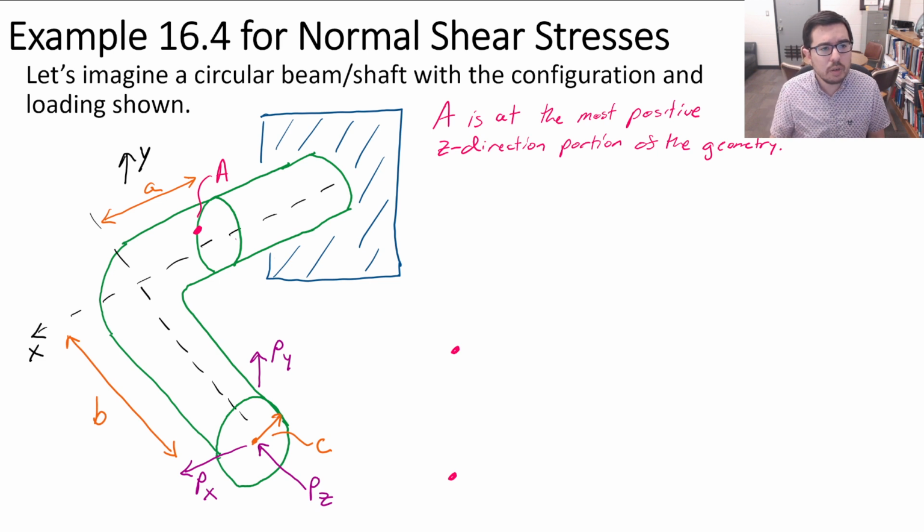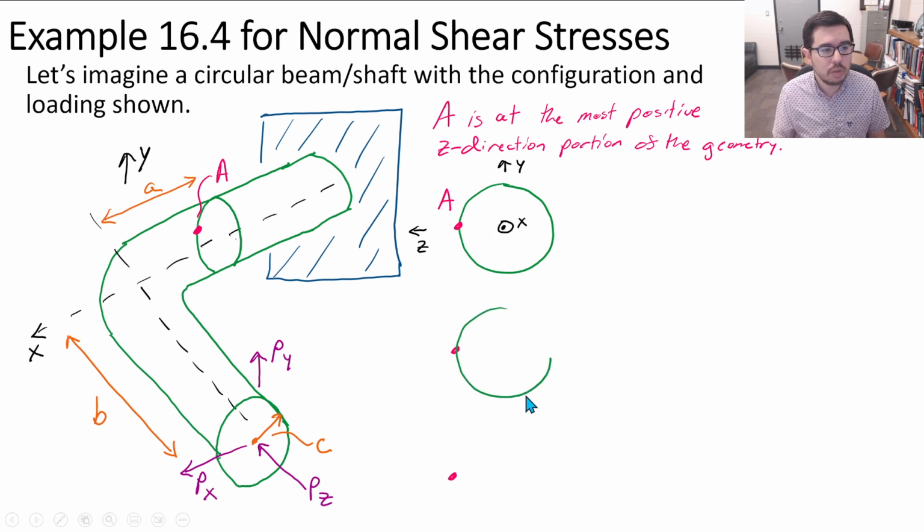we draw the cross section the number of times that we have an external load applied. So what I'm talking about, let's go ahead and draw this cross section 3 times, one for Px, one for Py, and one for Pz.